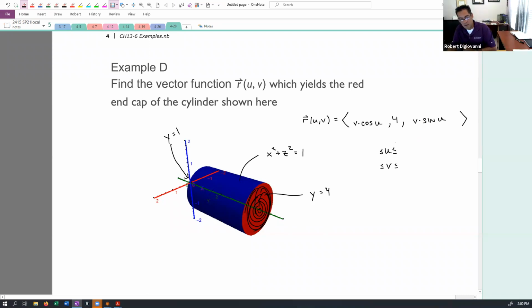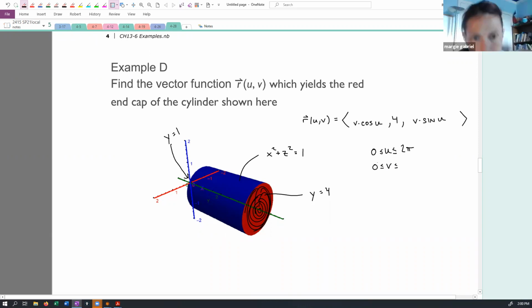Now the u is just going to be our angle restriction, which is going to go 0 to 2 pi to draw the circle. And now the v, if we want to draw the whole disk, is going to start at the y-axis at 0 radius and go all the way out to the maximum radius we want here.